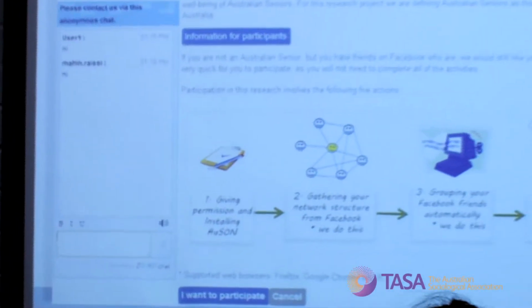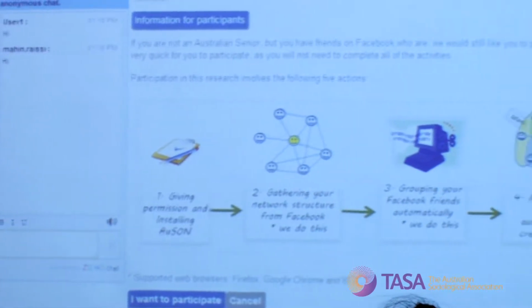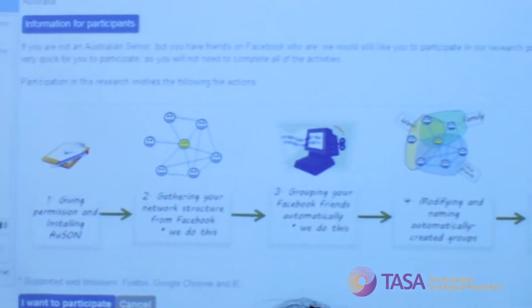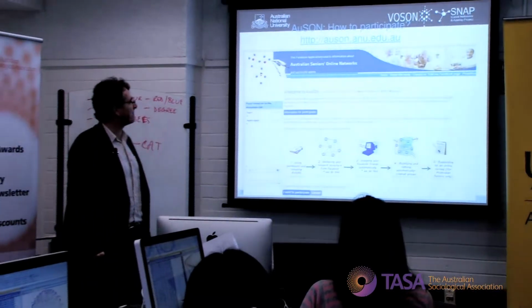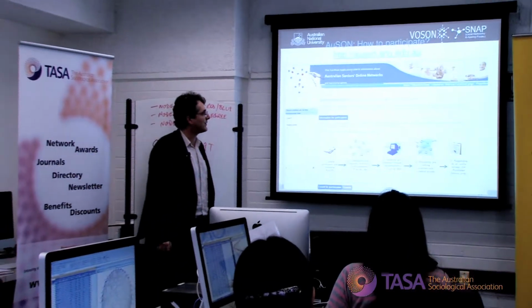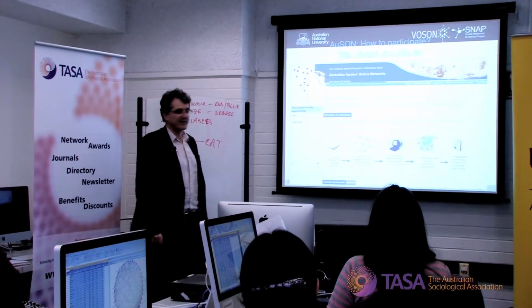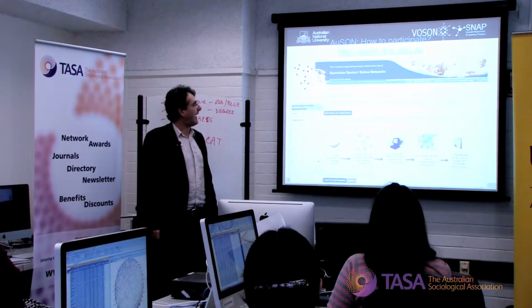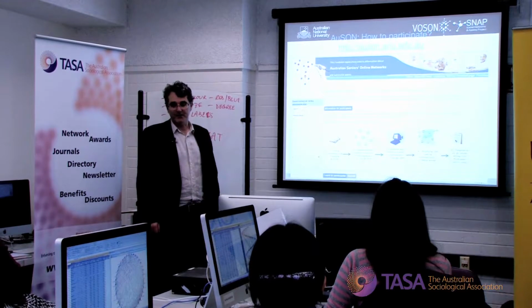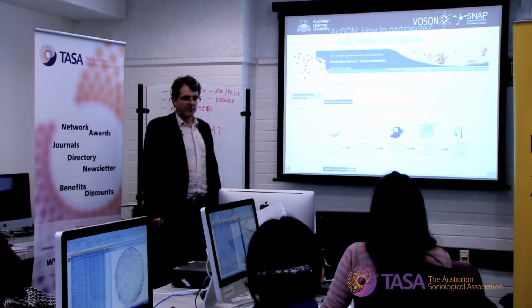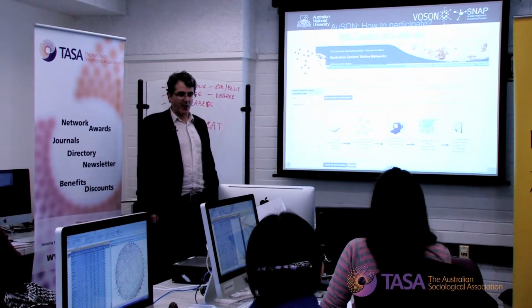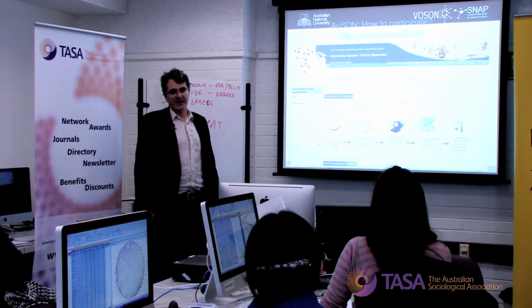But the part of the research that I'm most involved in, and that Mahin Raisi, my PhD student, focuses on for her PhD, is a tool we've created called OSON, which stands for Australian Seniors Online Networks. It's a Facebook application that we created, and we are recruiting older Australians who are on Facebook to participate in our study.